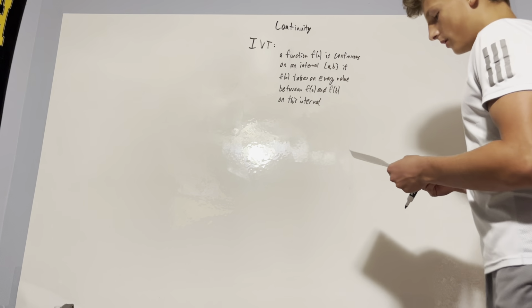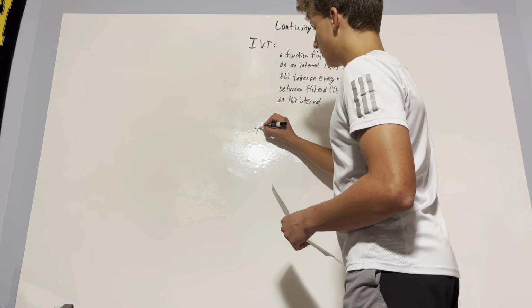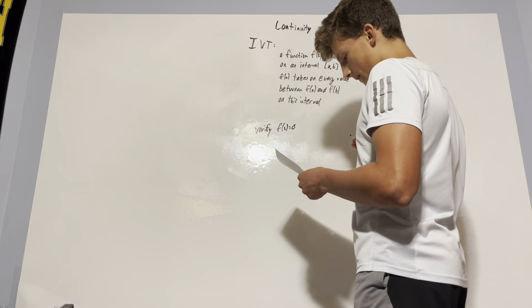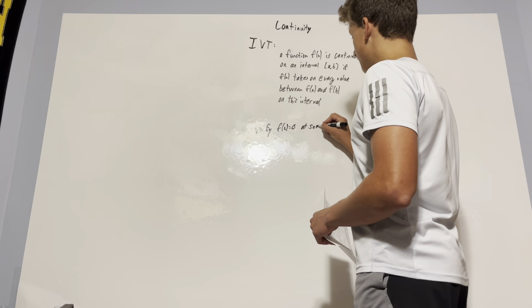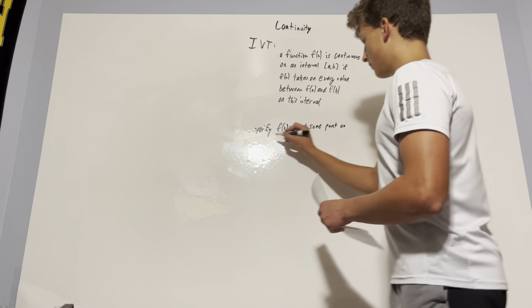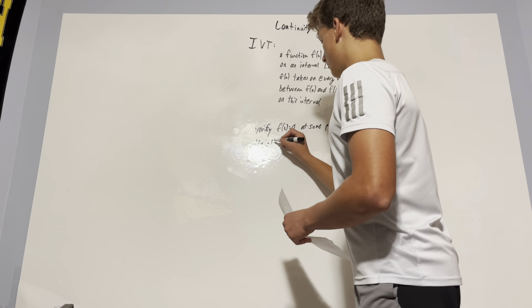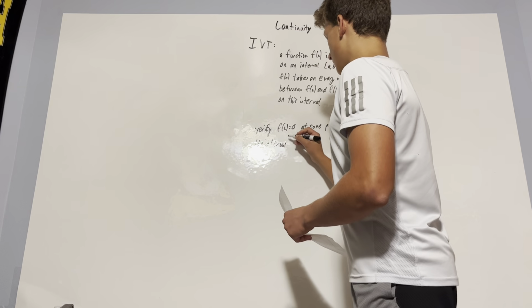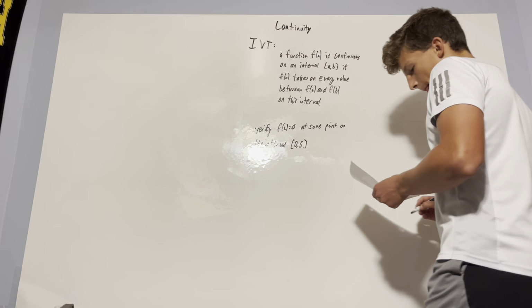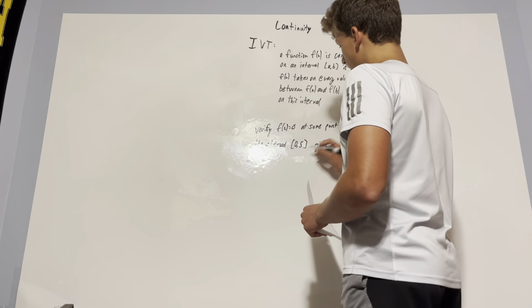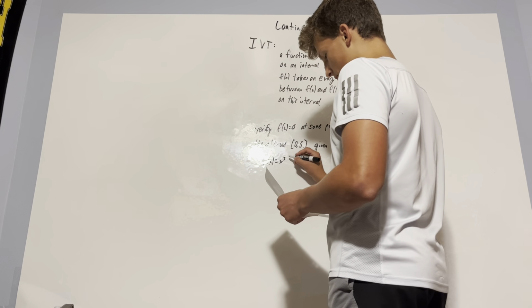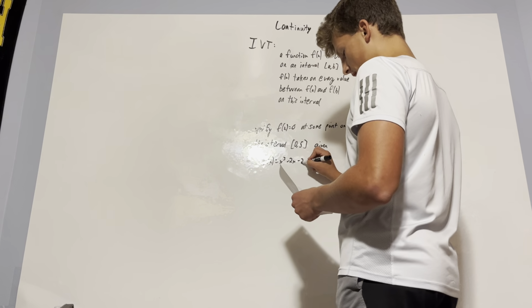We want to verify that f of x equals 0 at some point on the interval 0 to 5, both inclusive, given that f of x equals x cubed minus 2x minus 2.